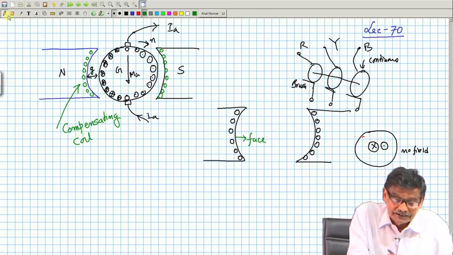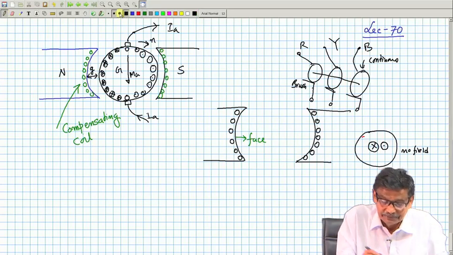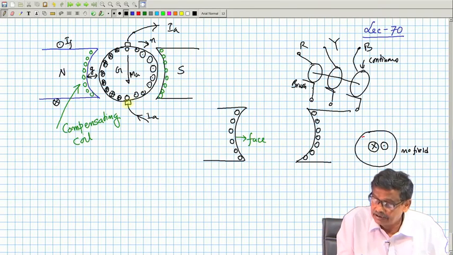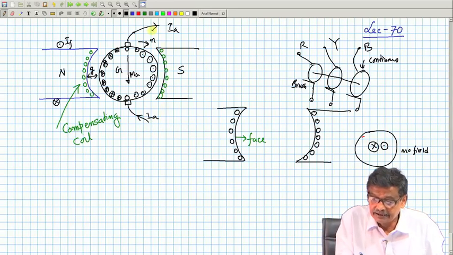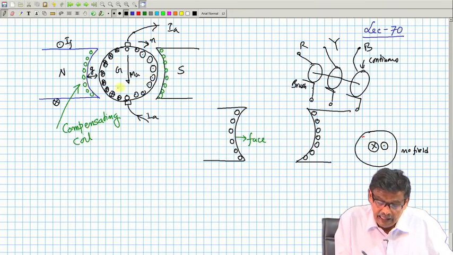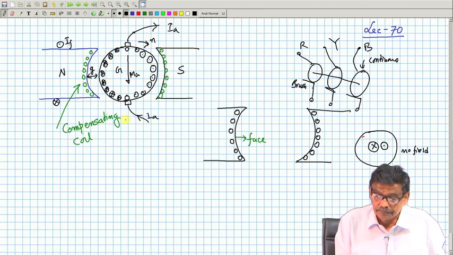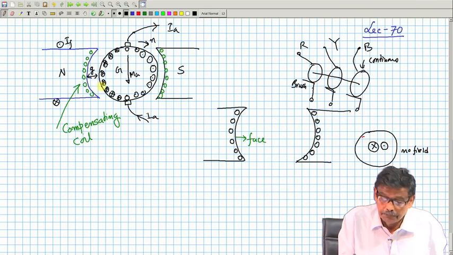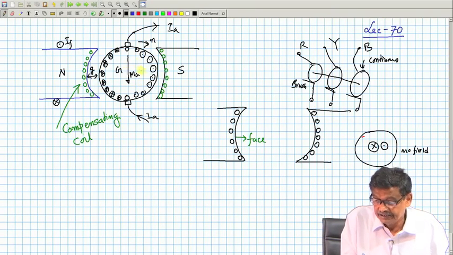So, what is the situation now in the DC machine? There were field coils, carrying IF. There were armature coils carrying armature current IA. In the conductors, of course, that is IA by A, parallel paths. And there is now another coil, which I will pass current through to nullify this MMF, currents in this direction.